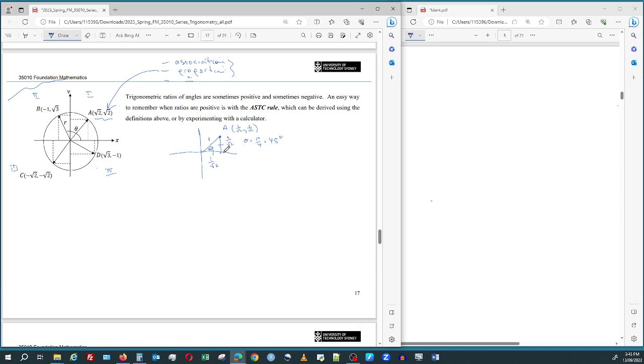So the giveaway is that it's a triangle. It's an equivalent triangle with a point A of root 2. But it's still 45 degrees because they're the same length. That means that's root 2 and that's root 2.